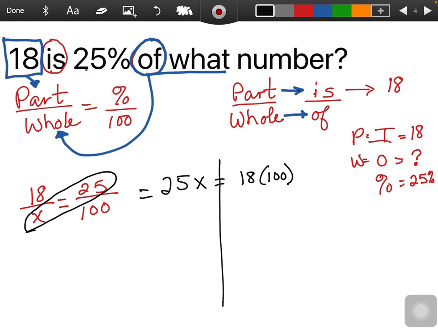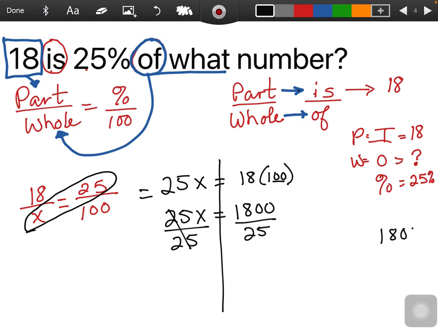If I draw my line down, that makes it a lot easier to keep everything together. I've got 25x on the left, 18 times 100. All I need to do is add those two zeros on the end. So 18 and 0, 0, so 1,800. Divide by 25 in order to isolate my x. So 1,800 divided by 25.